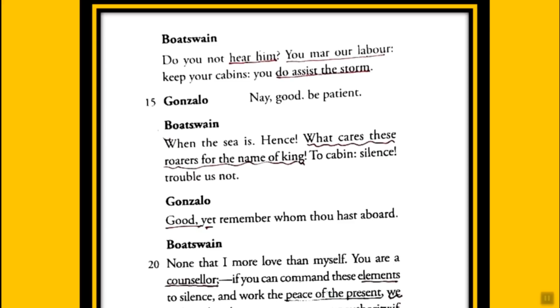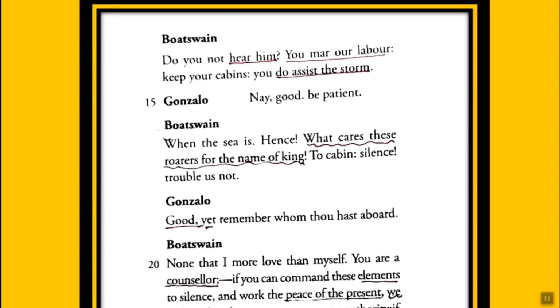So he says you should be careful who all are traveling in this boat and do accordingly. To this bosun replies, none that I more love than myself. So he says, in this time of crisis, I do not care who else is there in the ship. I do not love anyone more than myself at this moment. So I first want to live, and then you all will live.